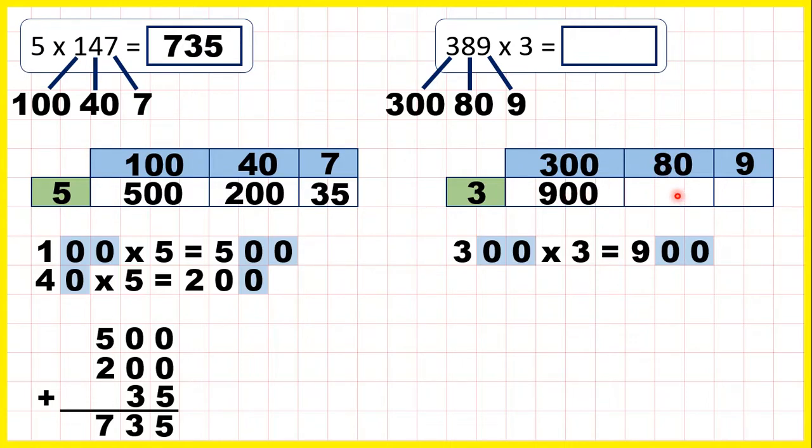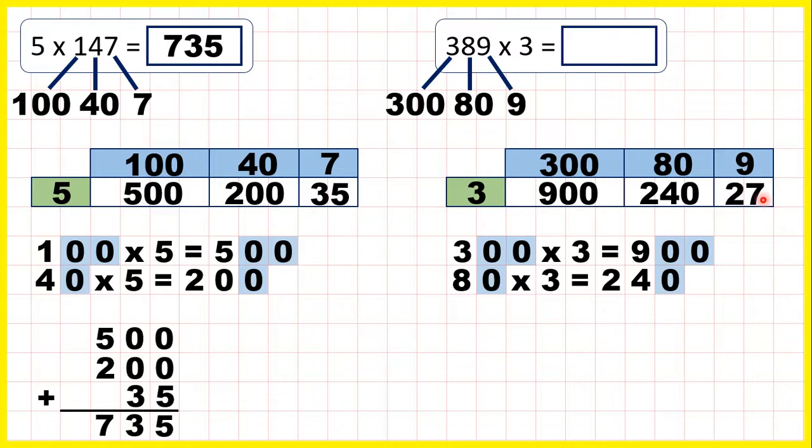Now for this box, we have 80 times 3, which is 240, because 8 times 3 is 24. Then 1 end zero in the question means 1 end zero in the answer. So that's 240. And now for our last box, we need 9 times 3, which is 27.